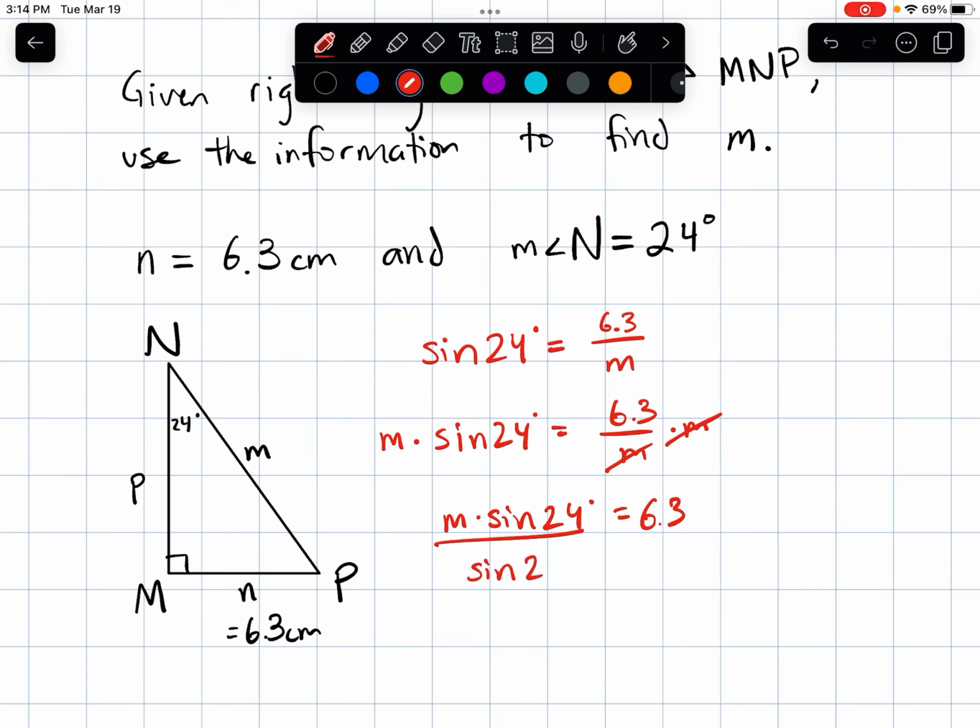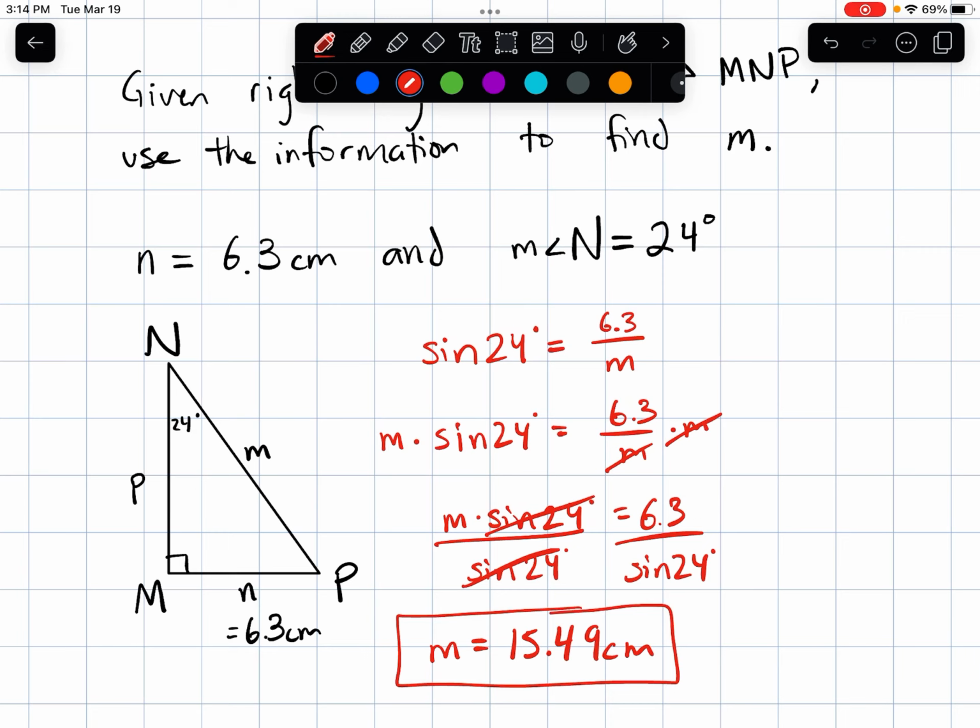When I divide both sides by the sine of 24, we can then head over to our calculator and find out what m equals. We should get an answer of about 15.49. All right, and we're going to put centimeters on that. Again, a quick way to check is to make sure that because m is the hypotenuse, it does have to be longest, so it should be longer than 6.3, and it is in fact longer than 6.3.